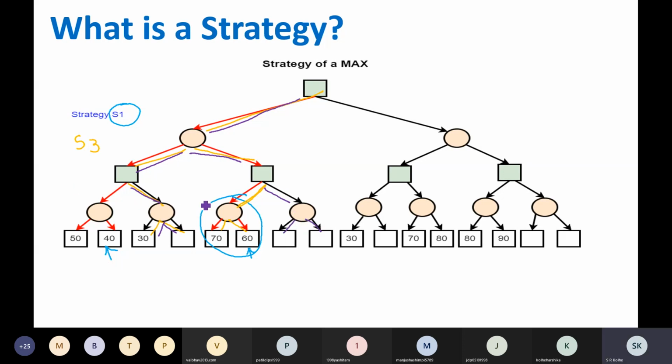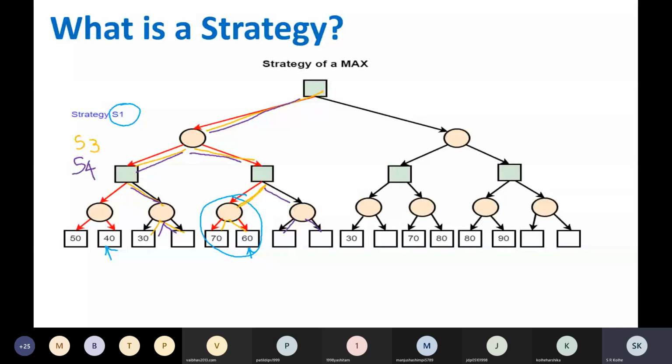So this purple color subtree shows strategy S4. So there are four strategies for one move in this particular case for max.